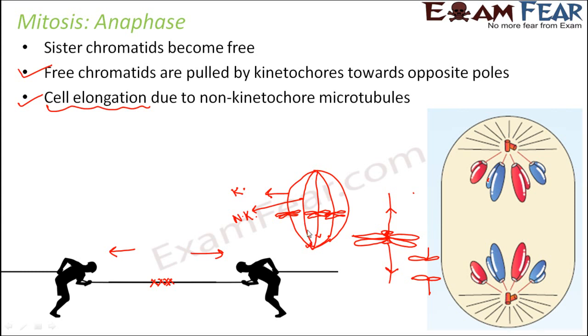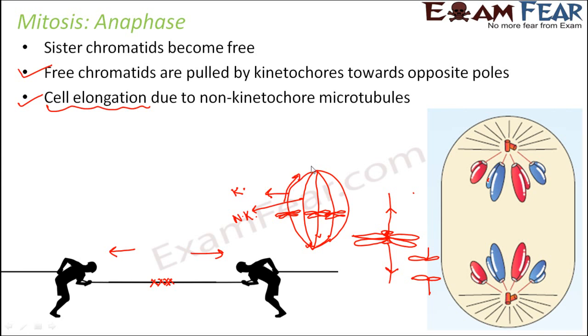But the non-kinetochore spindle fibers, they are still there. Those non-kinetochore spindle fibers are microtubules. So those non-kinetochore microtubules will make the cell elongate. These sister chromatids will move towards opposite poles.